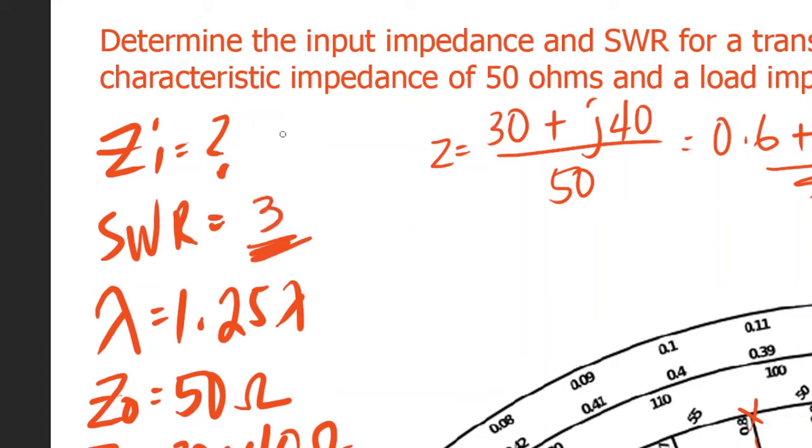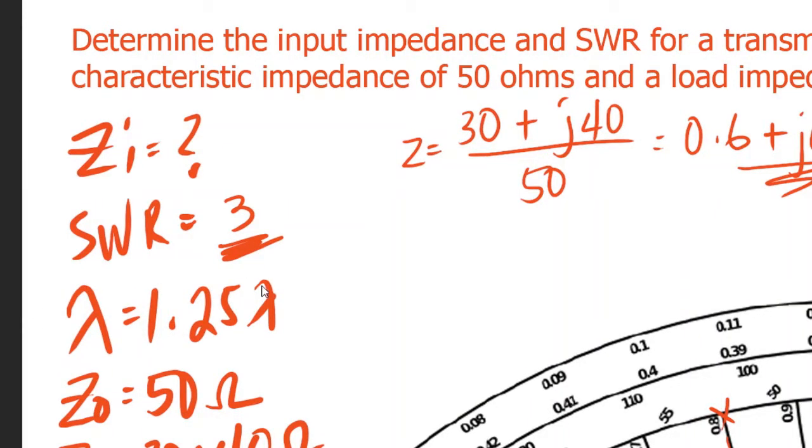Now, the question is, what is the input impedance? This is where the value of your wavelength comes in.